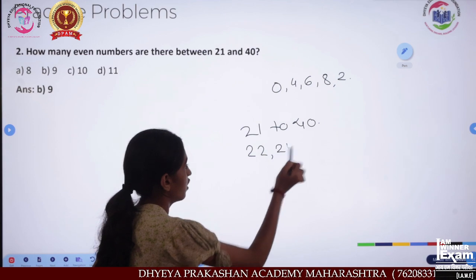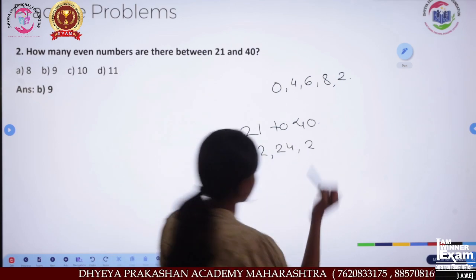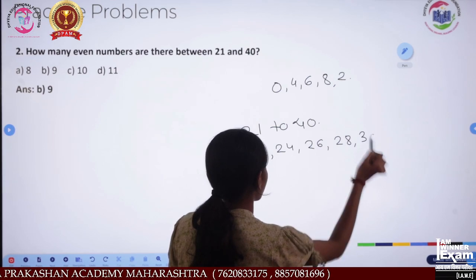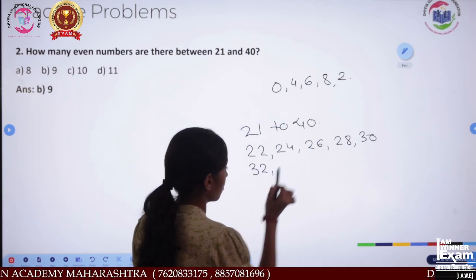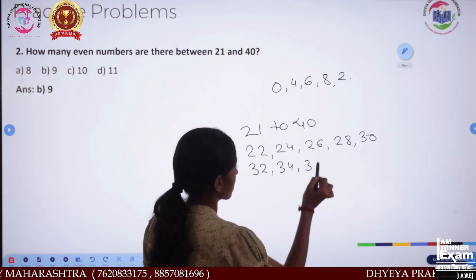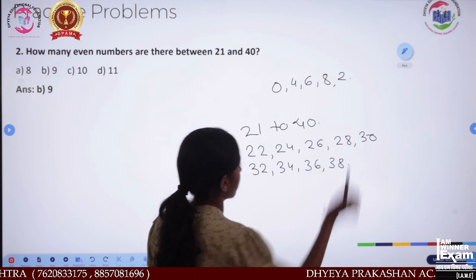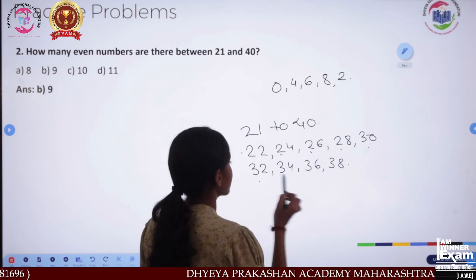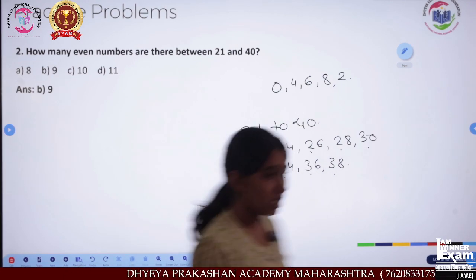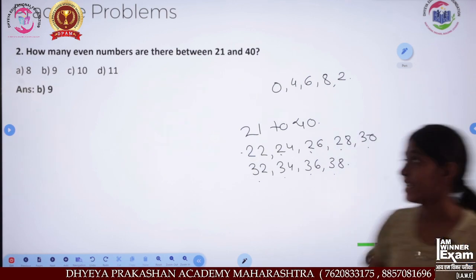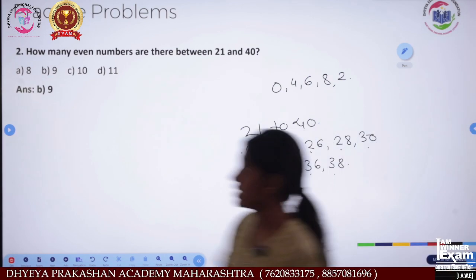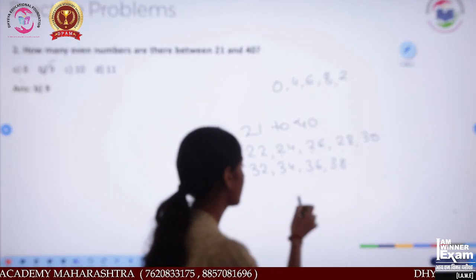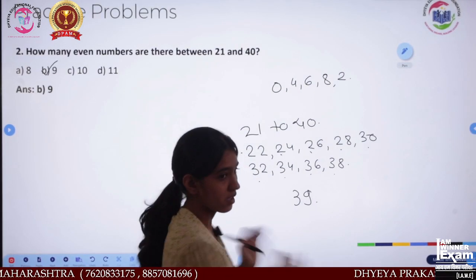After that 24, 26, 28, 30, 32, 34, 36, 38. How many numbers? 1, 2, 3, 4, 5, 6, 7, 8, 9. There are 9 even numbers in the range 21 to 40. Then D is the correct answer. They ask between, that means we start from 21 and end at 40.